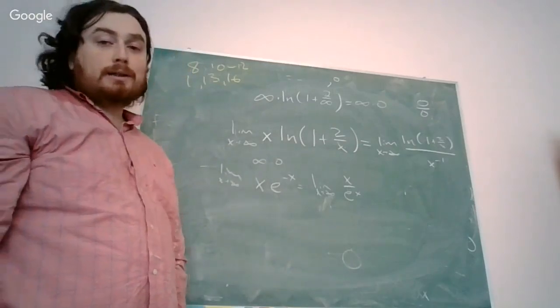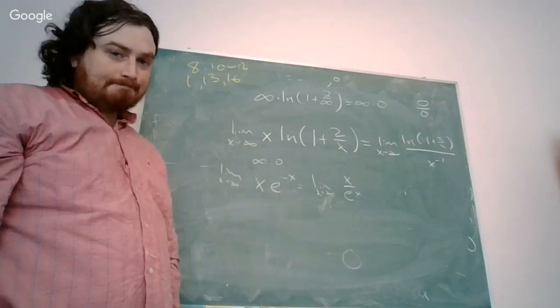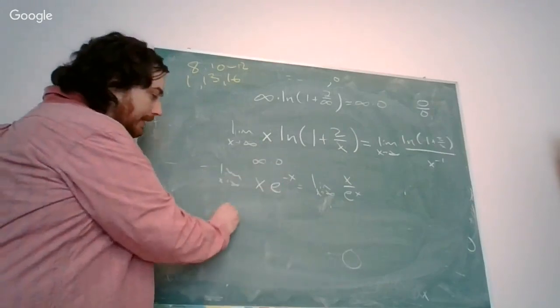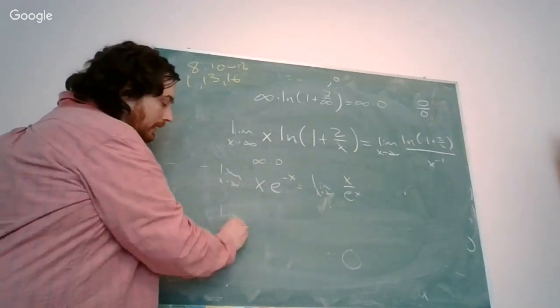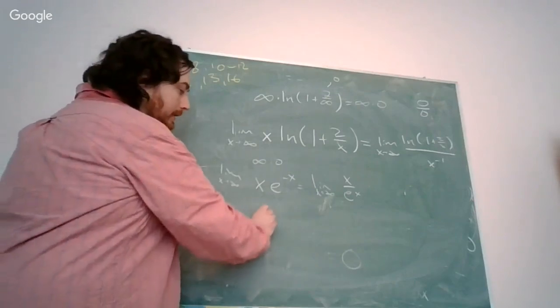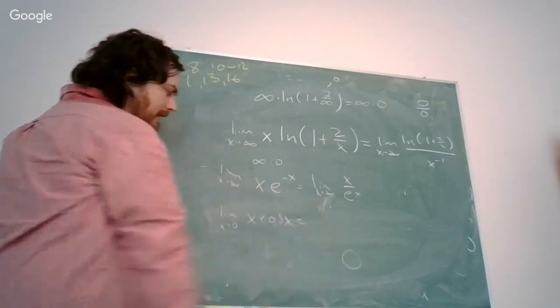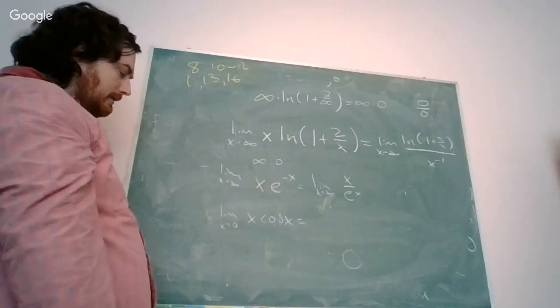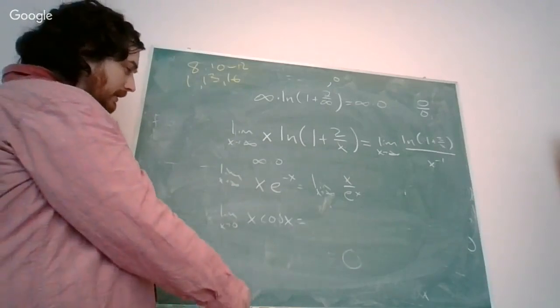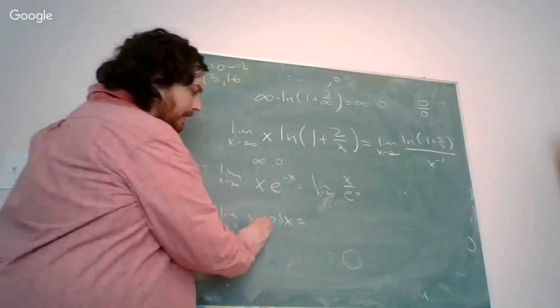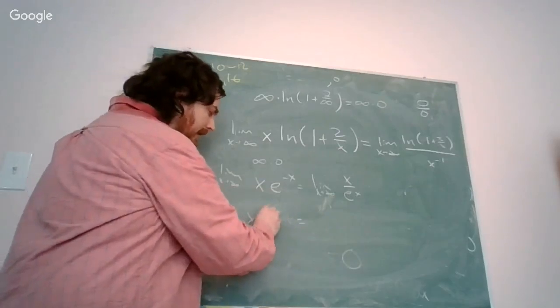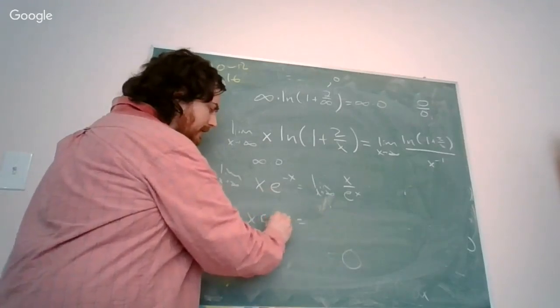So x over e to the x makes my life easier. If I had something like the limit as x goes to 0 of x times cosine of x, well, sorry, that's not the one I wanted. I wanted cosecant of x.